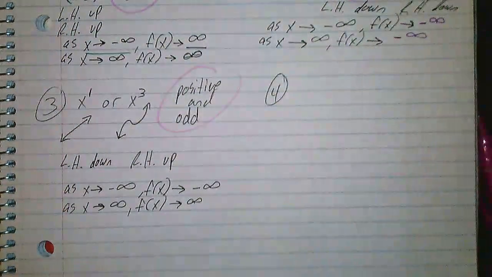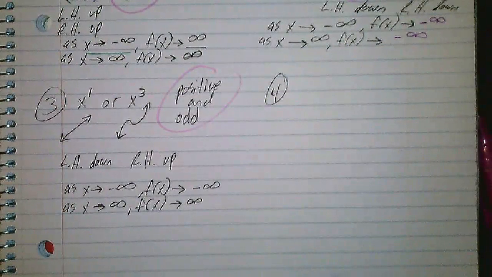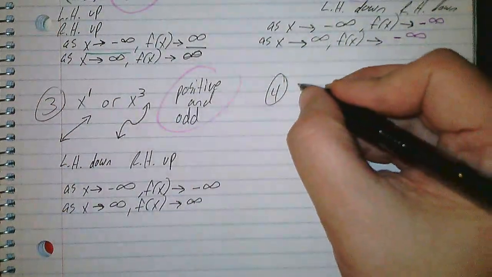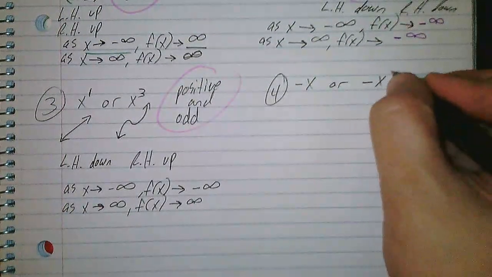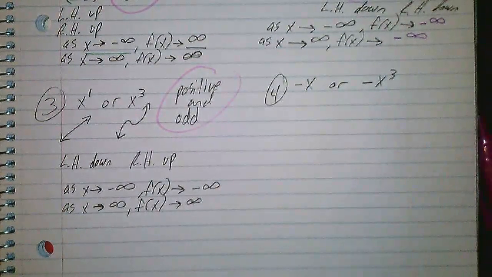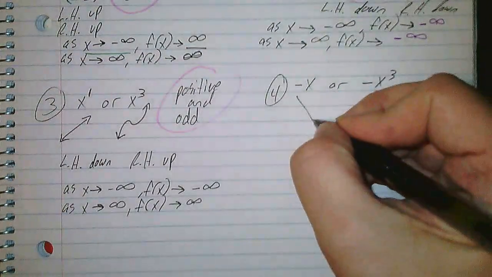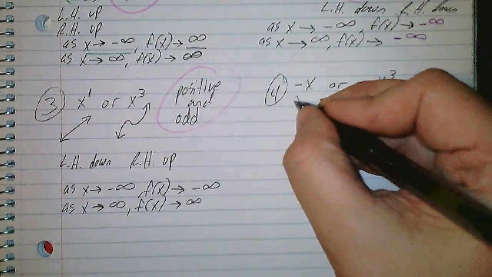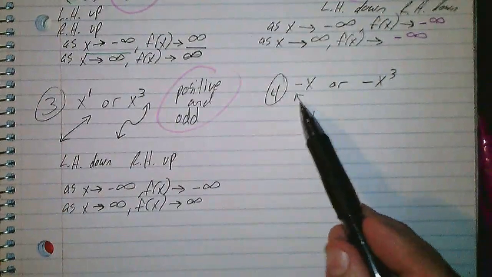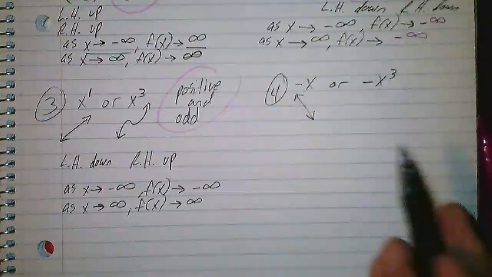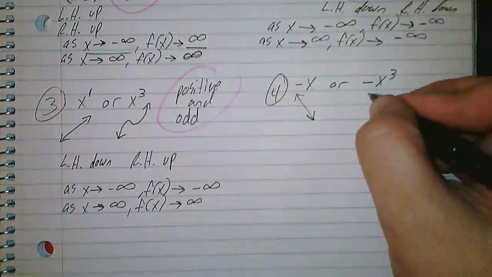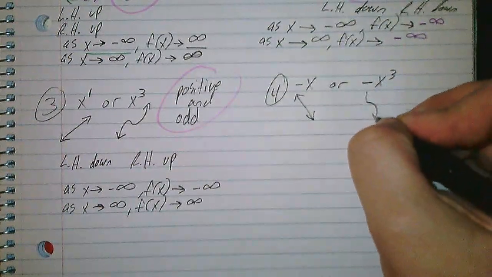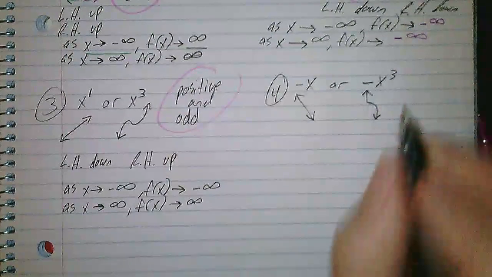The last case that will determine end behavior is something like negative x or negative x cubed. Negative x is a linear equation with a negative slope, so it goes down from left to right. And this negative x cubed, if you graphed it, it would go like that.